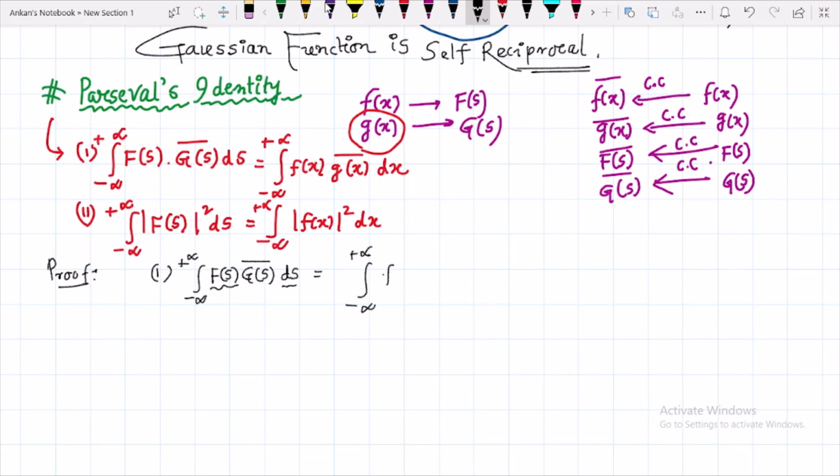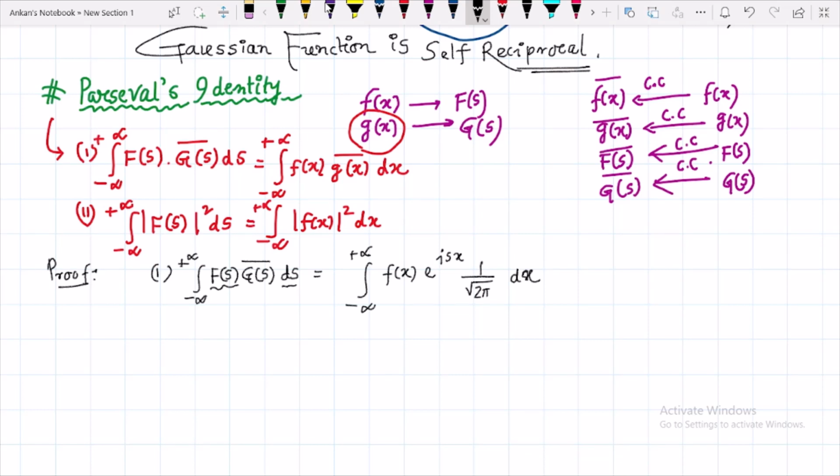F(s) can be written as 1 by root 2 pi, the integral of f(x) e to the power isx dx.